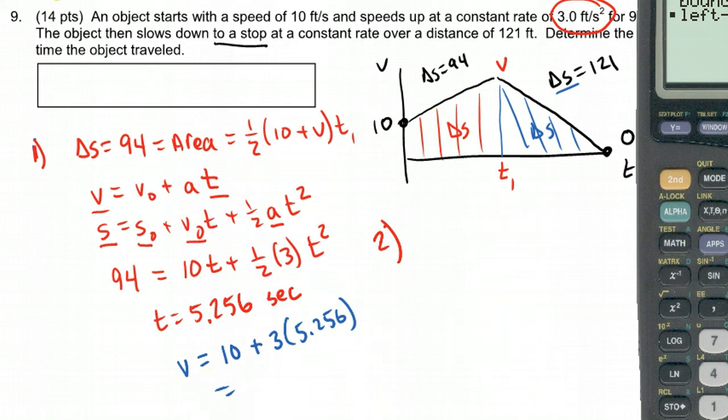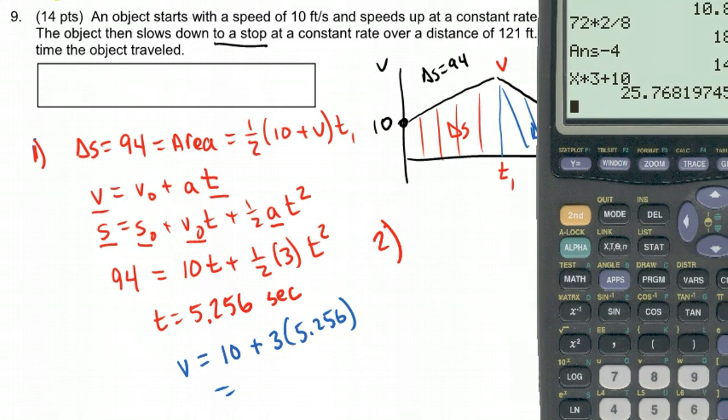Alright, so that's stored in x, so I can say x times 3 plus 10. So our velocity is 25.77 feet per second.